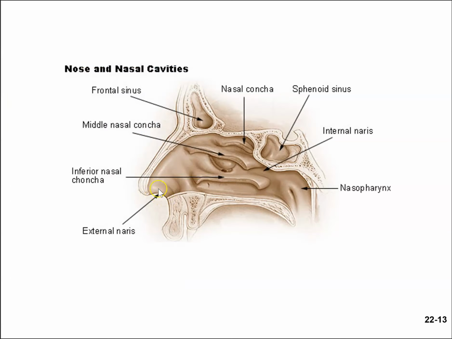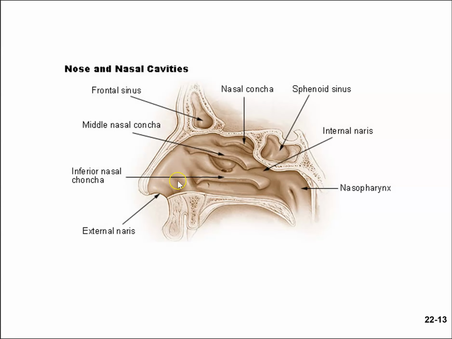So the nares or the nostrils open into the nasal cavity, and the nasal cavity is separated by this region, which is the center, the little soft region, the portion that you can touch with your fingers. So that's the nasal septum. Now the nasal septum separates the left and right sections of the nasal cavity.